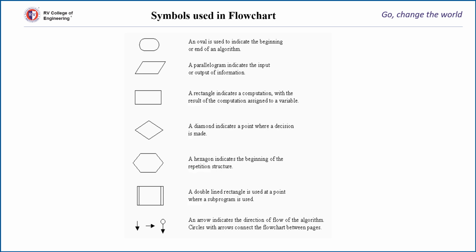Hexagon for repetition, whenever we have looping, wherein we repeat certain instructions. Now if you have modules or functions in the program, we make use of a lined rectangle. That basically represents a subprogram, a function, or a module. Connecting arrows indicate the flow of control, and we use a circle to connect the various arrows.